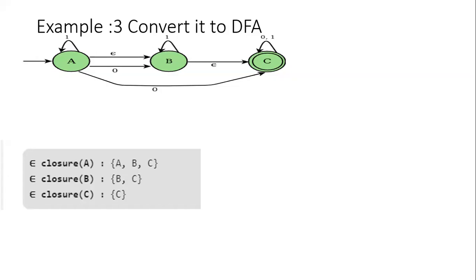The next step is to find the initial state of the DFA: we find the epsilon closure of the initial state of the NFA and consider those states as the initial state of the DFA. Once you find it, you can find the transitions for the newly arrived states of the DFA.